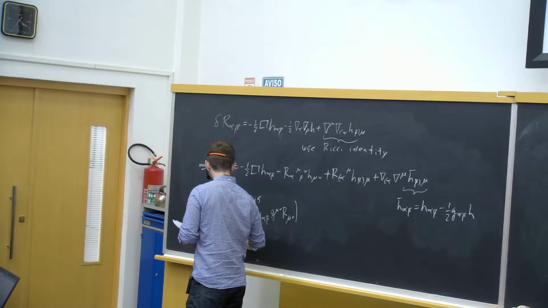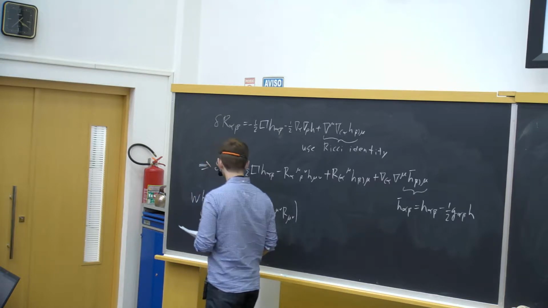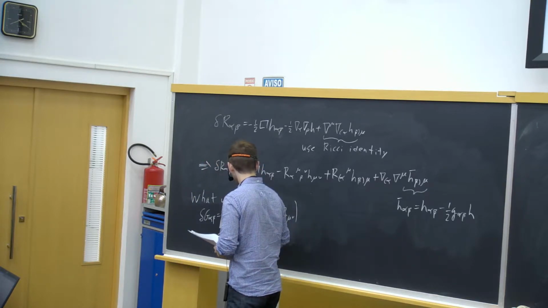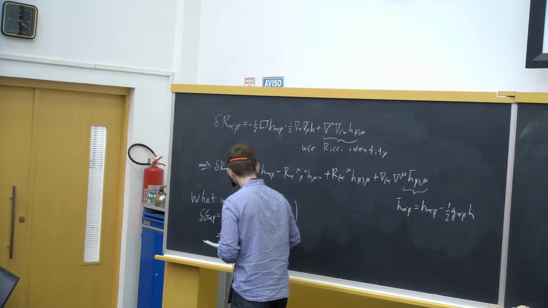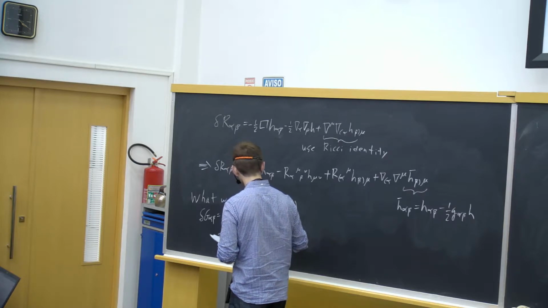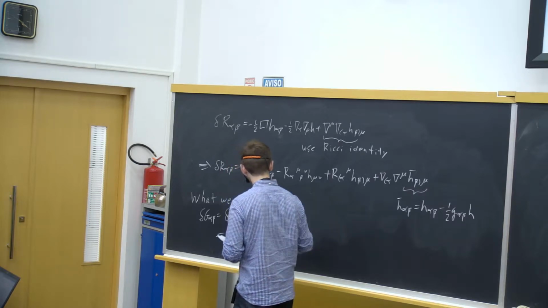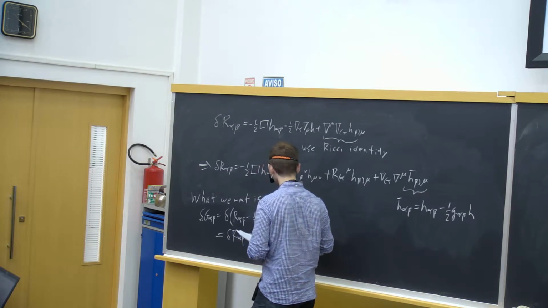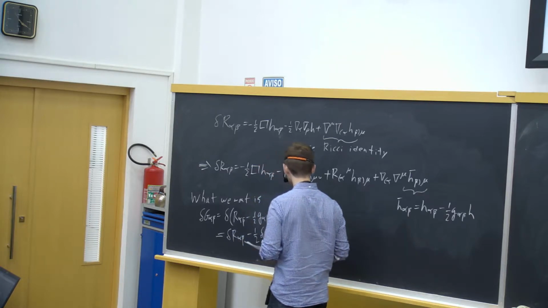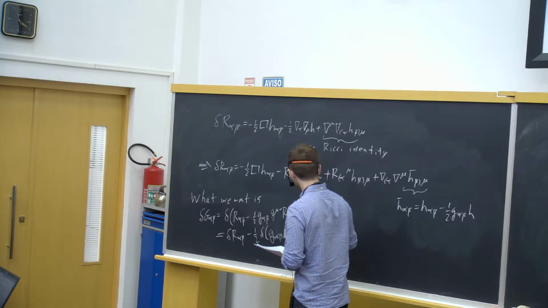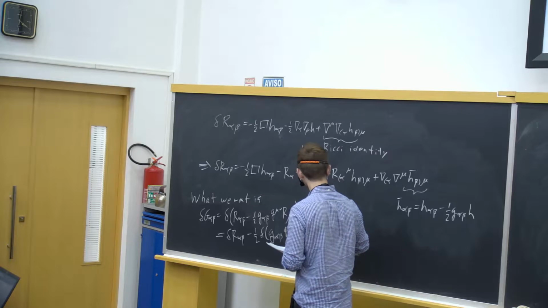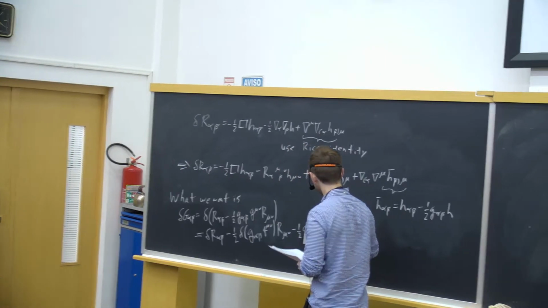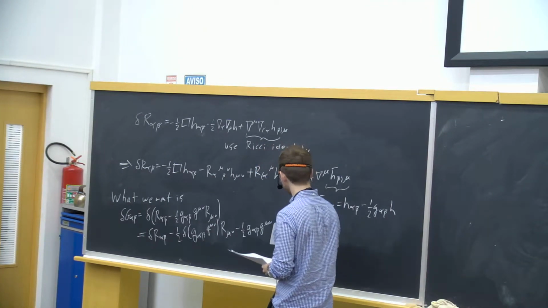So we've got the variation of R minus 1/2 the variation of g alpha beta g mu nu, all multiplied by the background Ricci. And then we have minus 1/2 g alpha beta g mu nu times the variation of the Ricci tensor.